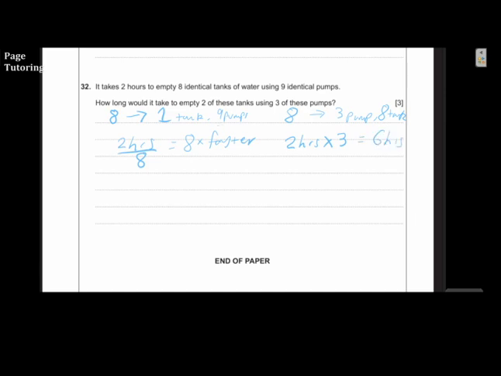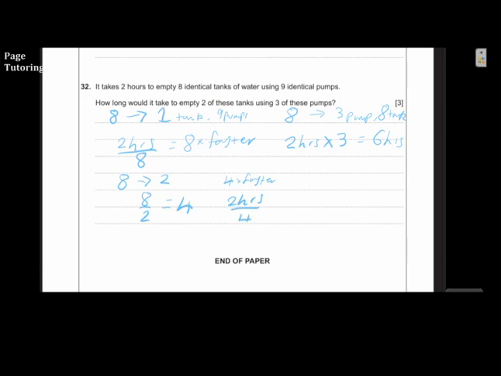So with this in mind, we'll stick to the tanks first. So there's 2 tanks, so the tanks go from 8 to 2. So 8 divided by 2 is 4. So there's 4 times less tanks, so it's going to be 4 times faster. So that's going to be 2 hours divided by 4.